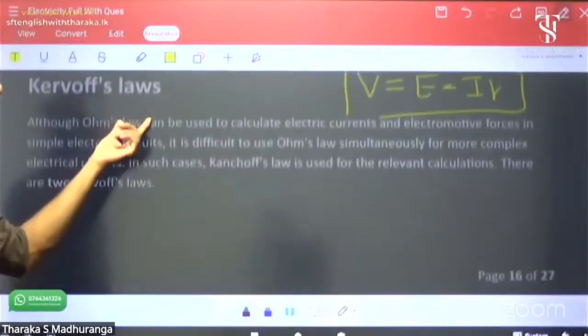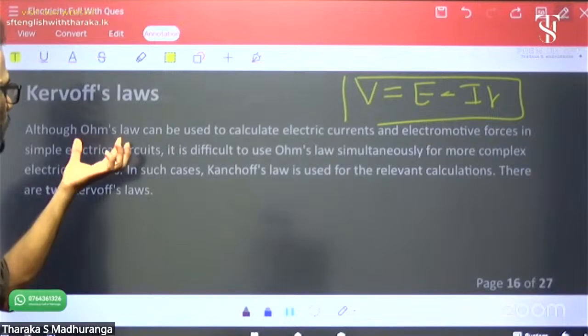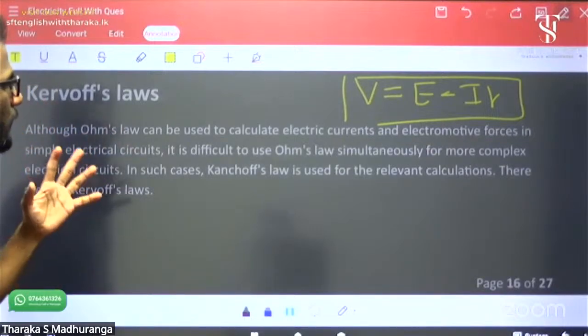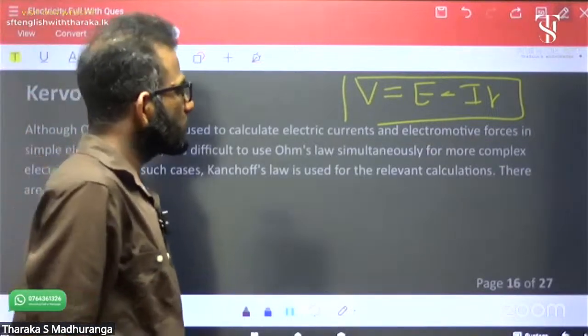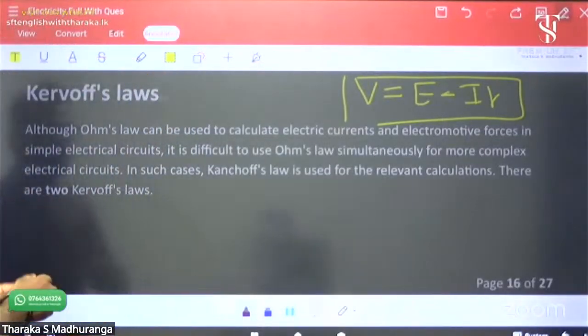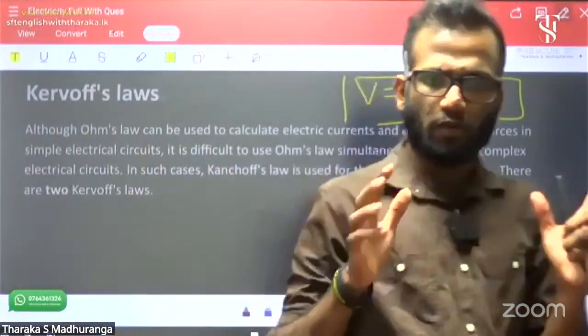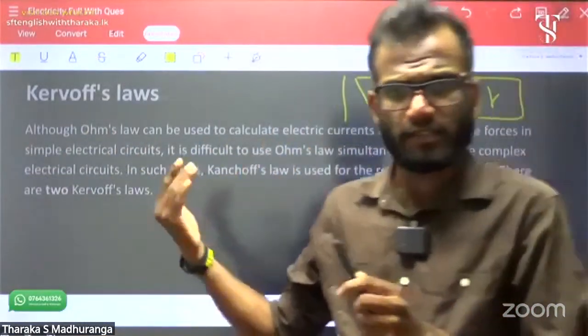This is Kirchhoff's laws. Like Ohm's law, they can be used to calculate electric circuits and electromotive force. Ohm's law we can always use for simple electric circuits.